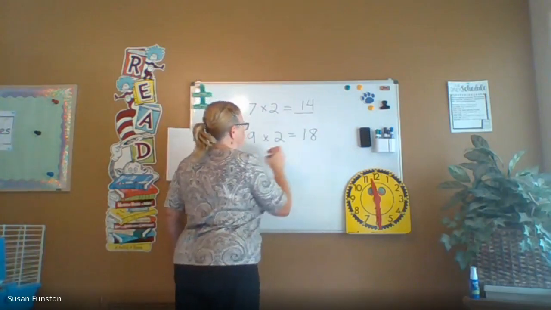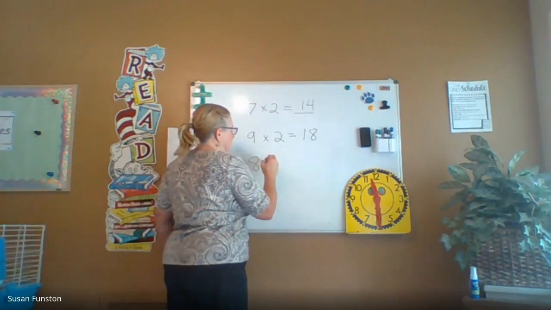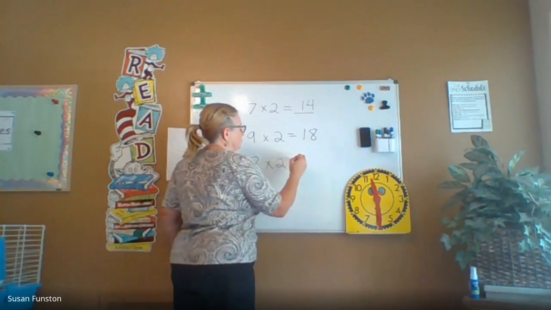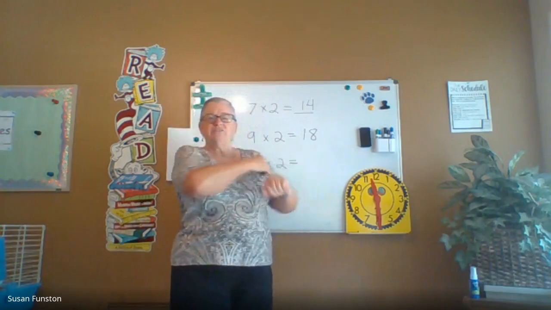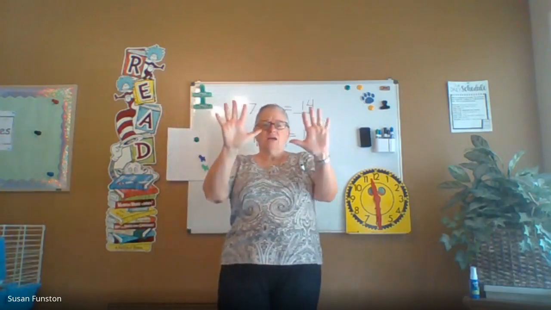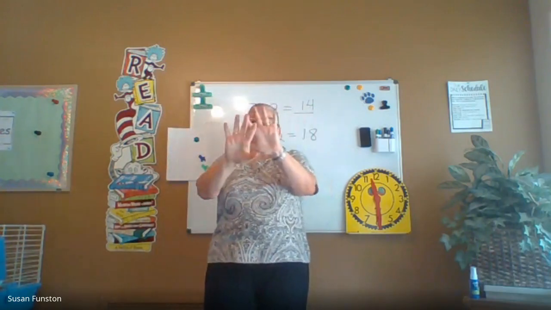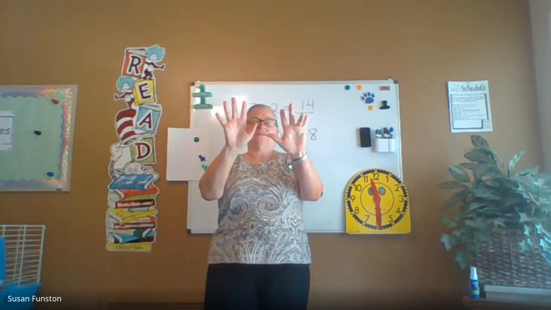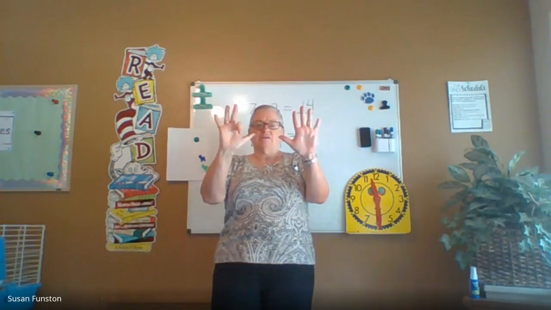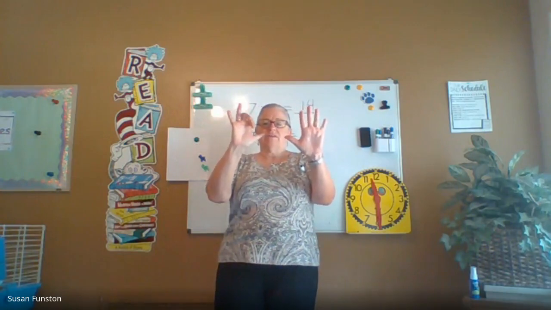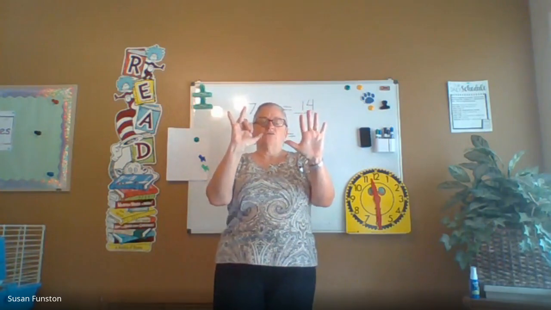One more. 8 times 2. Okay, let's start by going backwards because 8's pretty close to 10. So here I have 20. 2, 4, 6, 8, 10, 12, 14, 16, 18, 20. Okay, I'm going to take 1 away. So now I have 18. I'm going to take another finger away, so I have to take away 2 more.